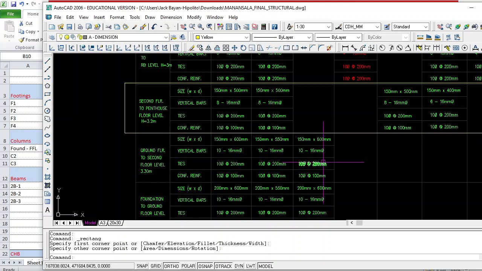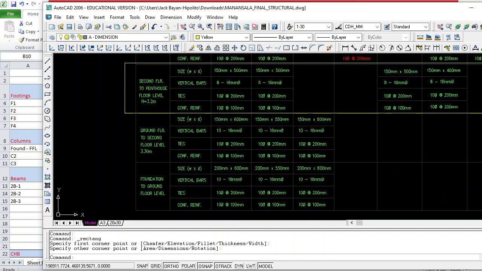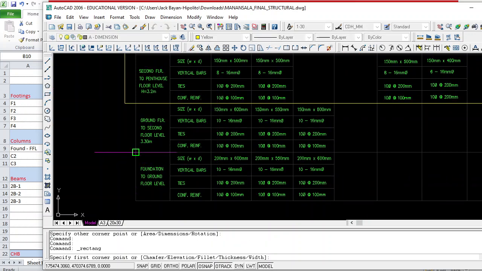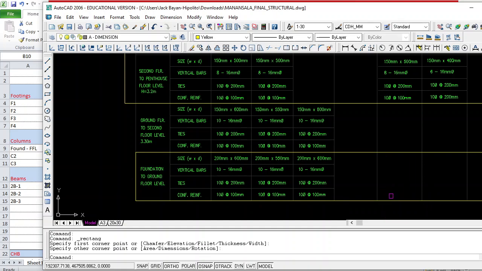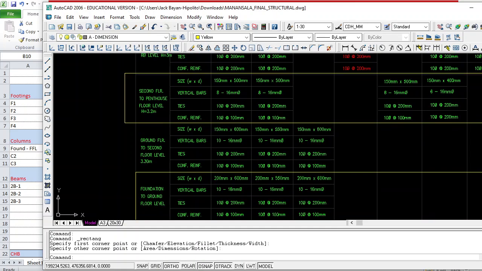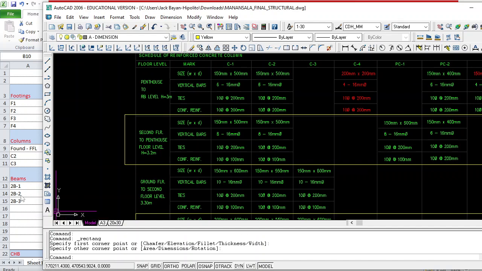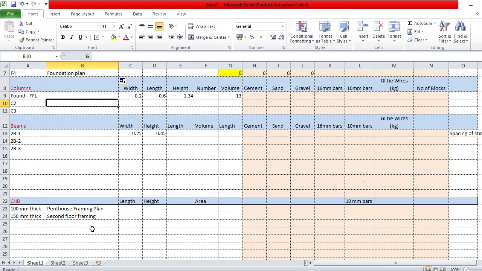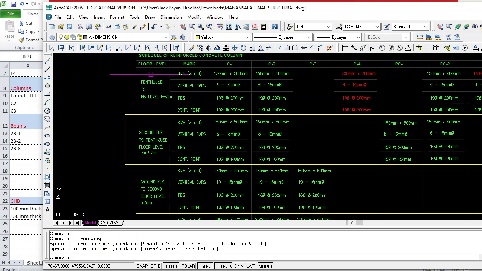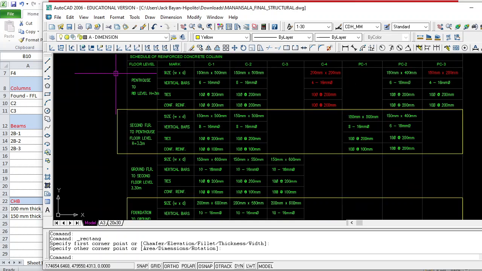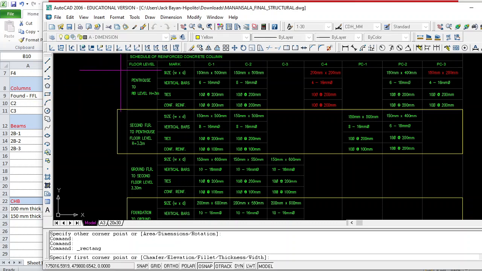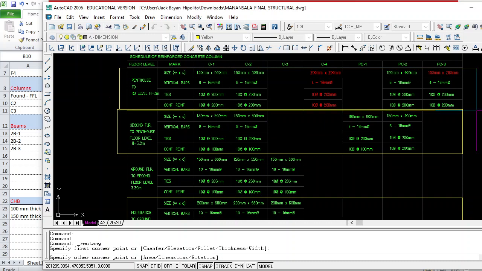Then, you are given foundation to ground floor. Diba? So, foundation to ground floor for your columns. And then, what else? Nakalagay second floor to penthouse and penthouse framing plan. So this one will be used. So ito lang ang i-determine nyo sa column.